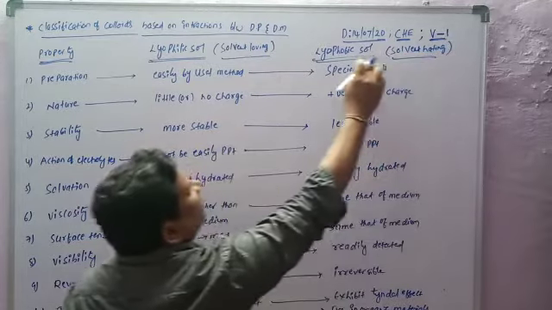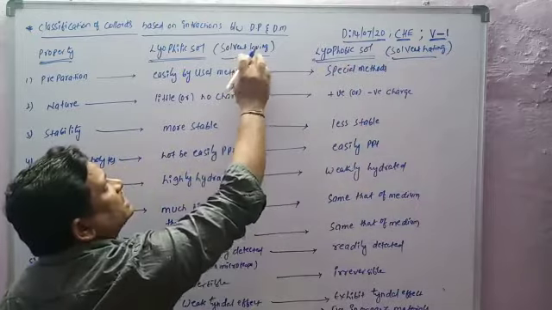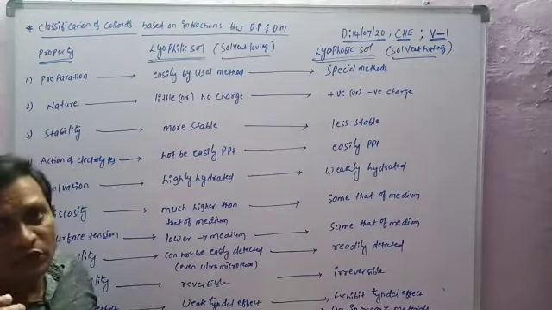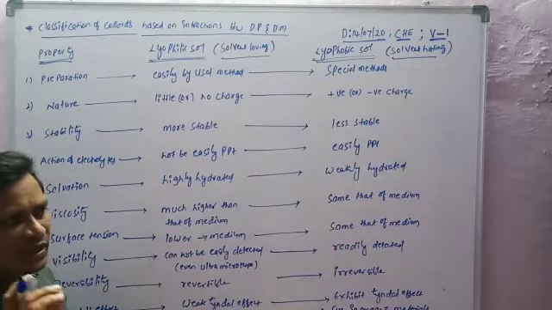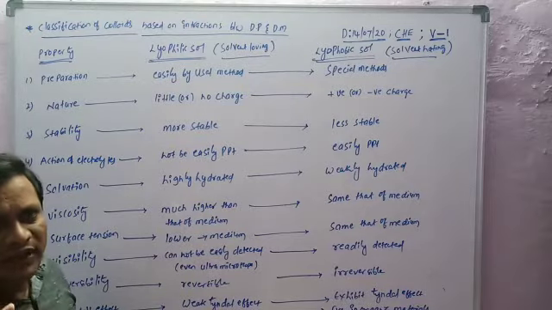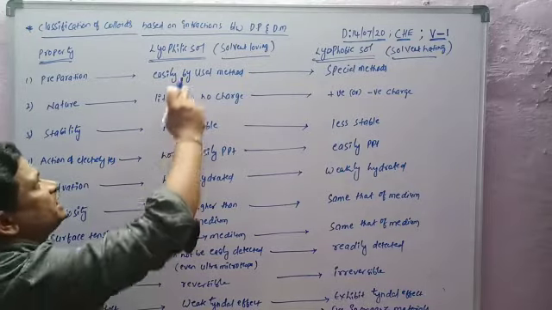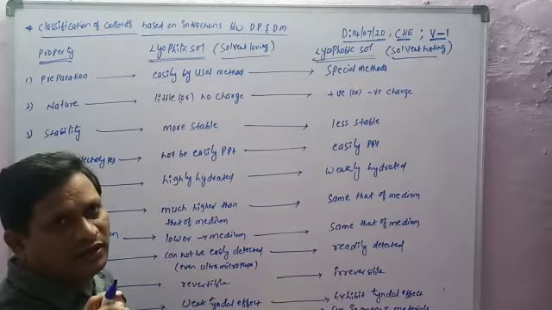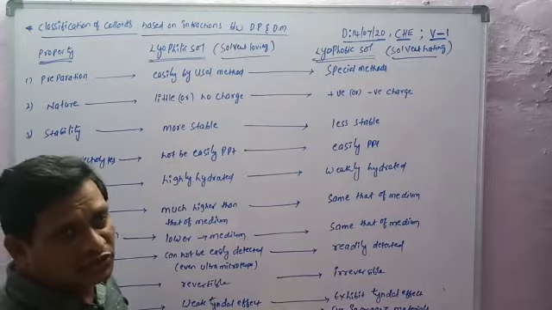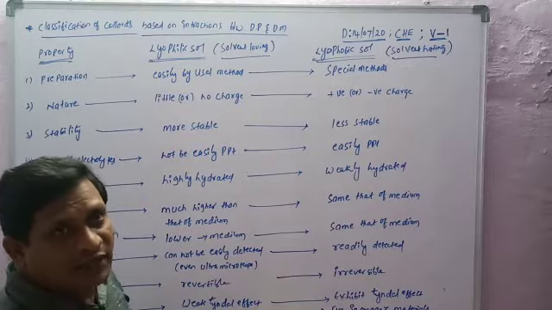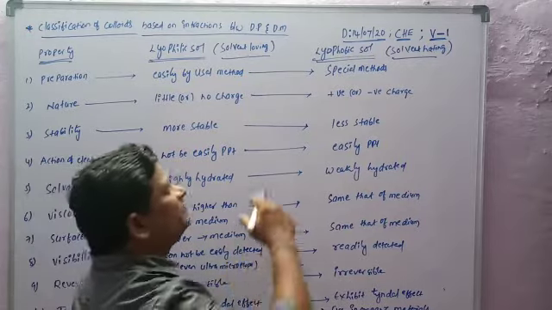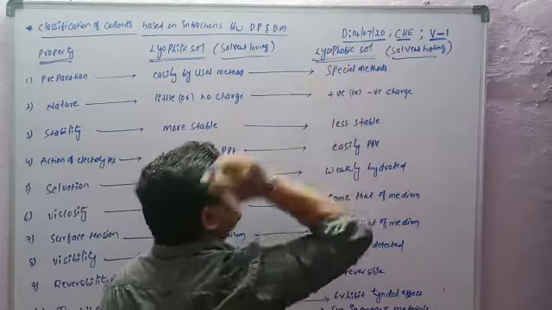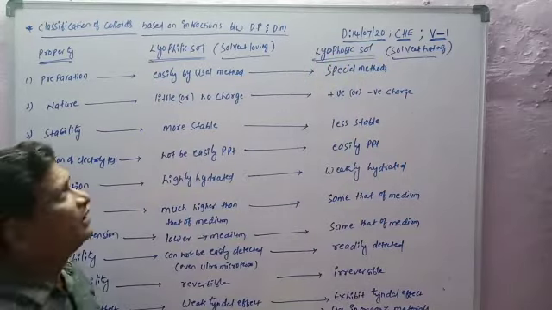Solvent loving is lyophilic: much affinity, much interactions between dispersed phase and dispersion medium. No interactions, no affinity, no attractions between dispersed phase and dispersion medium is called lyophobic.